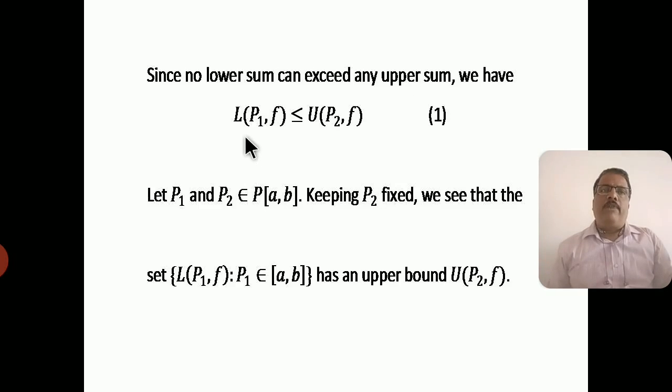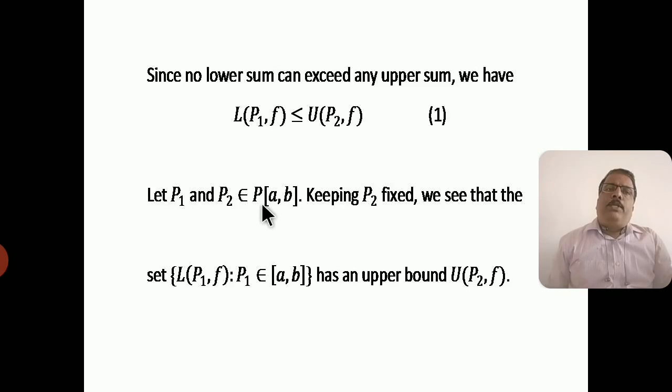So therefore, if we consider any partition P1, then the lower sum L(P1,f) is always less than or equal to the upper sum U(P2,f), where P2 is another partition of [a,b]. Okay, so L(P1,f) is always less than or equal to U(P2,f). Call this equation 1.